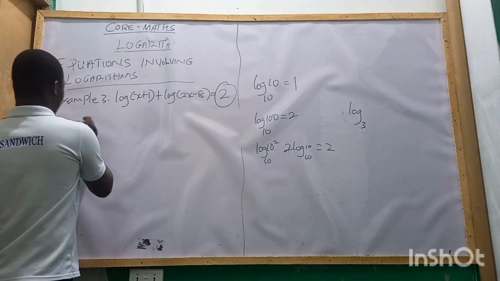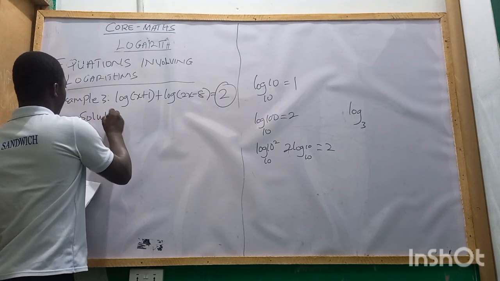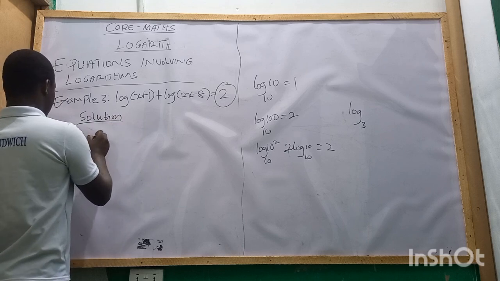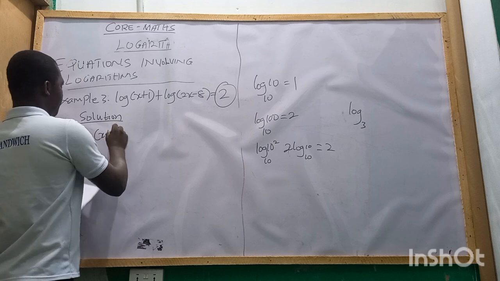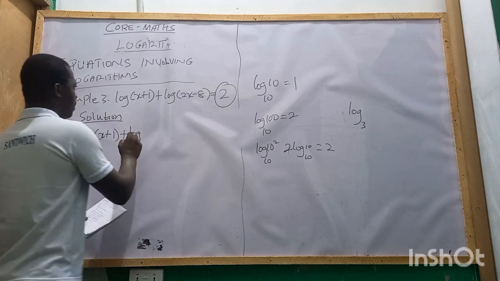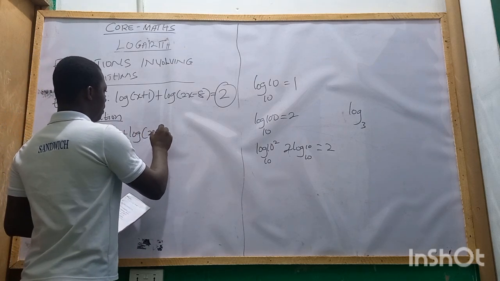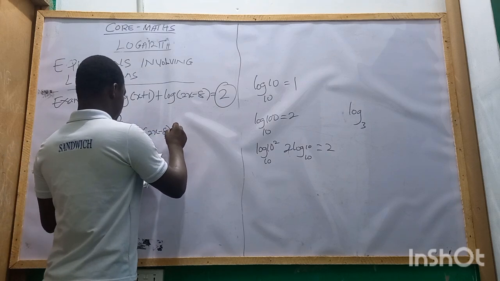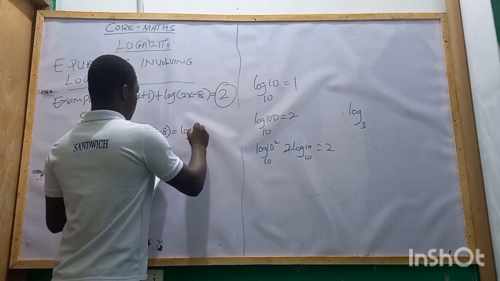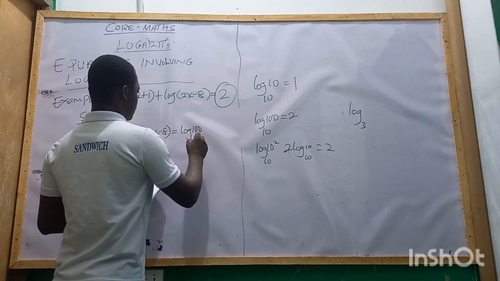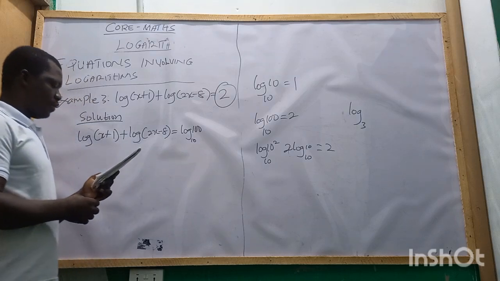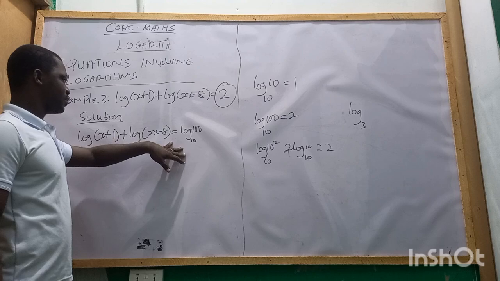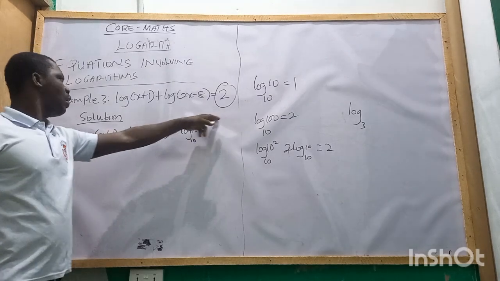So here we have the solution. So here instead of writing 2, I write log 100 to the base 10, so that all of them will be what?